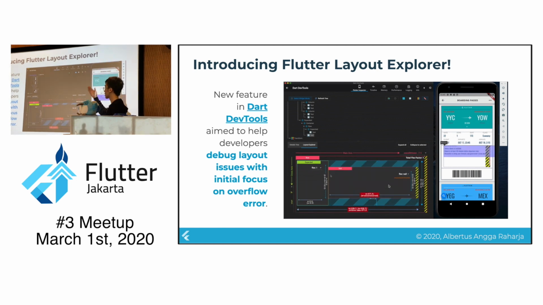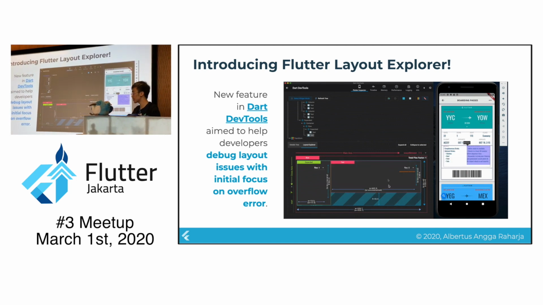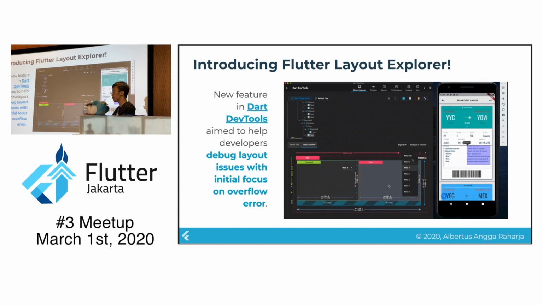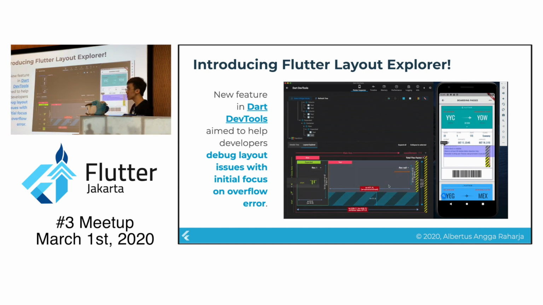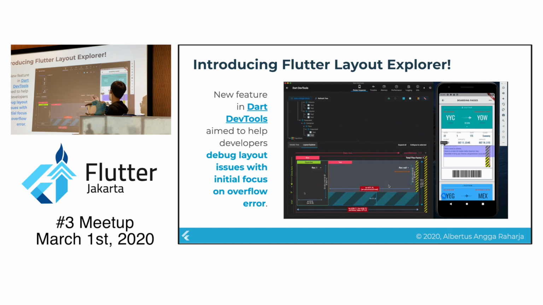It's a new feature in DevTools aimed to help developers debug their layout issues with Flutter. It currently supports only flex layout, with initial focus on overflow error. If you use Layout Explorer, you can see the constraints and the size of your child widgets visually, so you don't have to see the scary console message again.